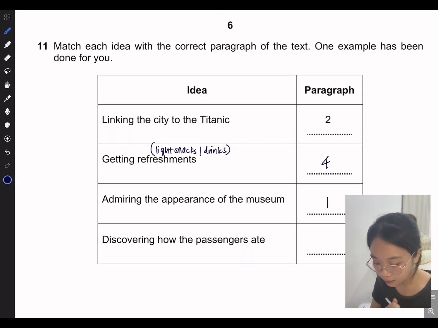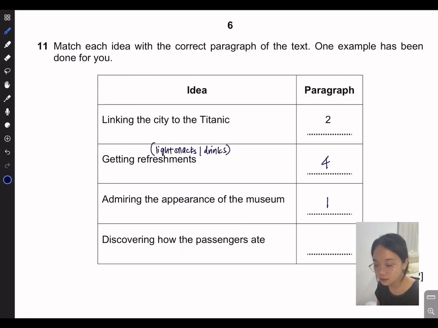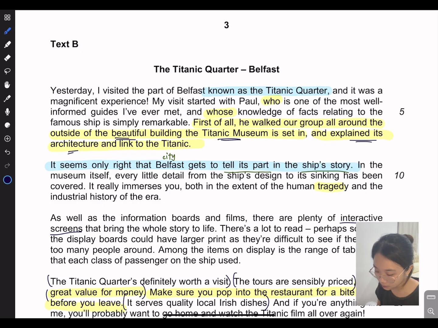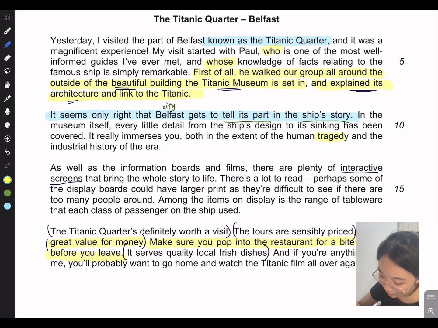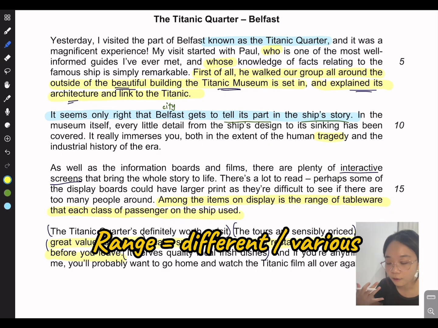The final idea here, discovering how the passengers eat. So how do they actually eat? This one has to link back to paragraph 3, whereby they mention the range of tableware. So here you can see that among the items on display is the range of tableware that each class of passenger on the ship used. What we mean by range here is actually different or various.